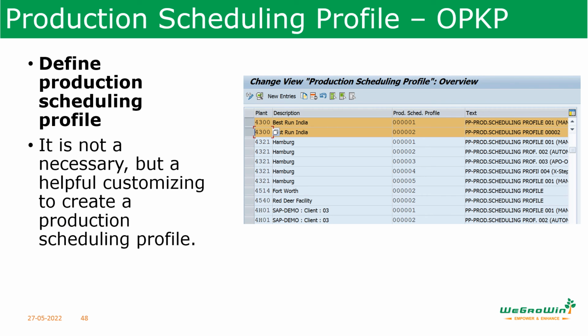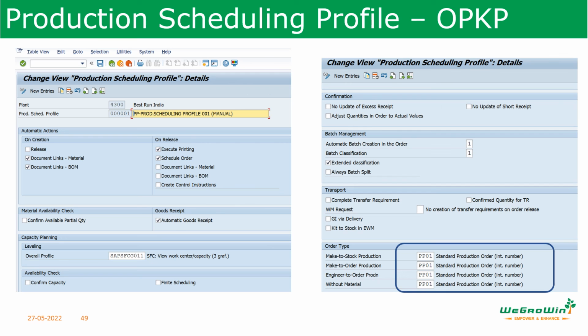Next is the production scheduling profile. Though it is not a mandatory configuration step in PP, it helps a lot, and many functions can be facilitated through the scheduling profile. For example, this profile is attached to the material master through the work scheduling view.